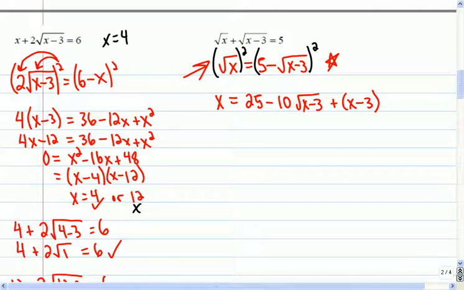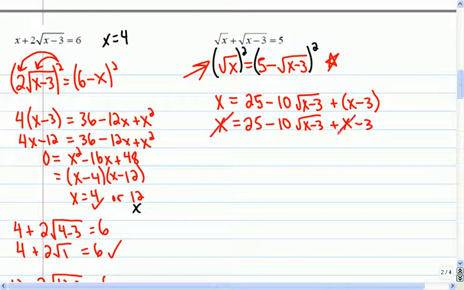Okay, so I'm slowly cutting them back. I'll have to do the same technique again. So this will be x equals 25 minus 10 root x minus 3. So these x's will balance out. Let's see here. That'll make this 10 root x minus 3 equals 22.